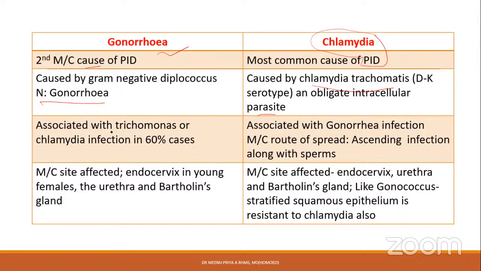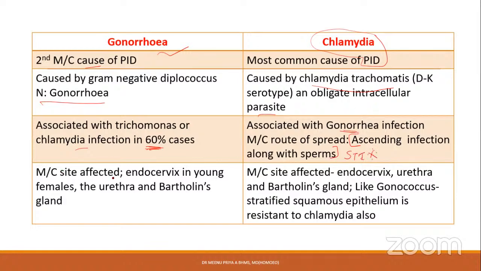Usually gonorrhea is associated with trichomonas or chlamydia infection in 60% of cases. So these two are usually associated. The most common route of spread in chlamydia is ascending infection along with sperms. So again, a very important STI is chlamydia.